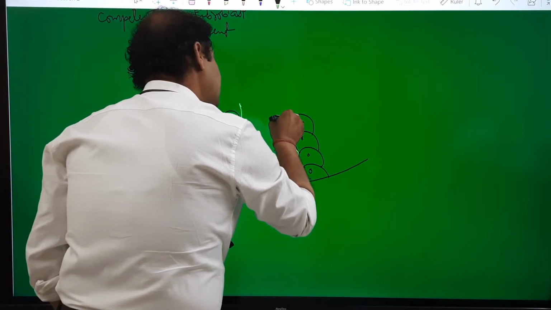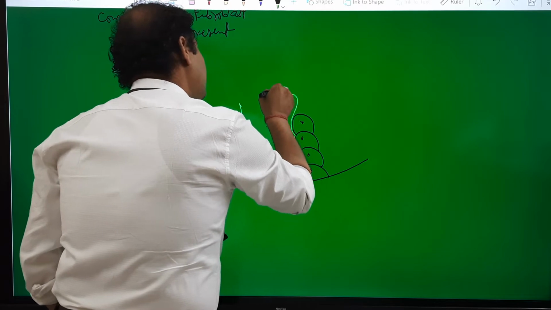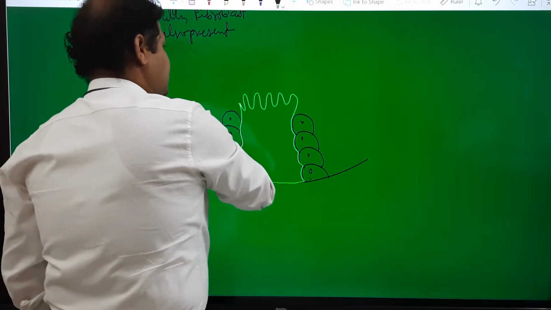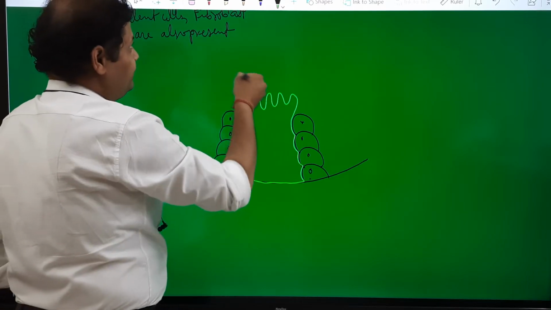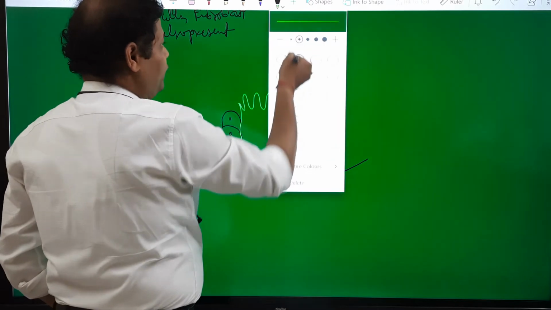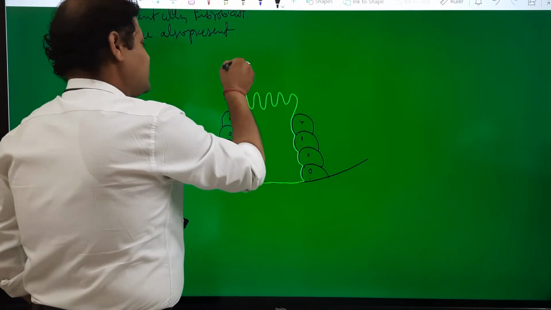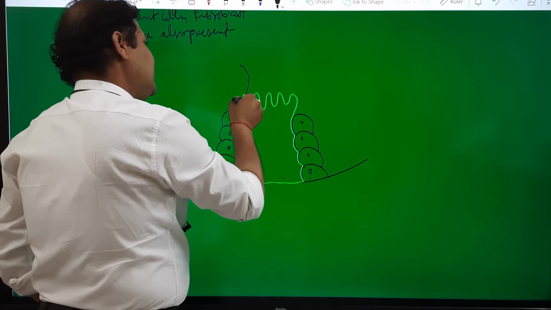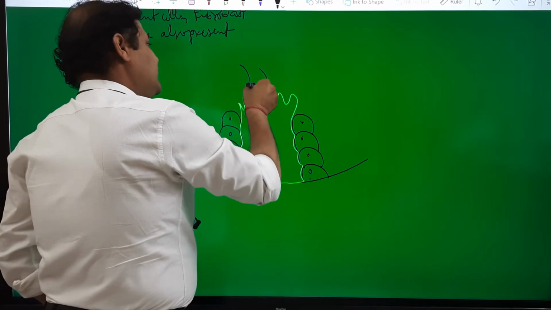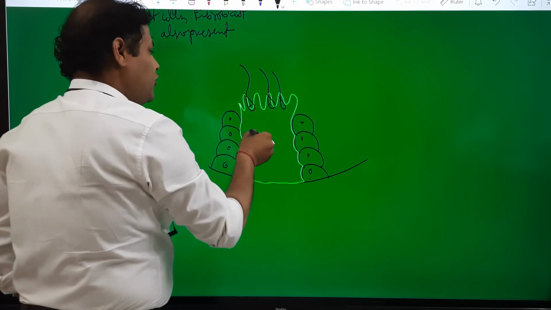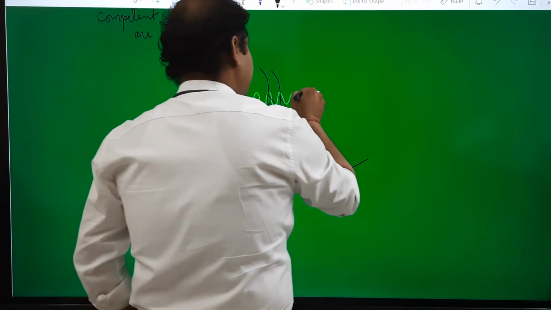These Sertoli cells have microvilli on the free surface, and newly formed sperms detach from the spermatogenic cells, get embedded in Sertoli cells and get nourishment from them.